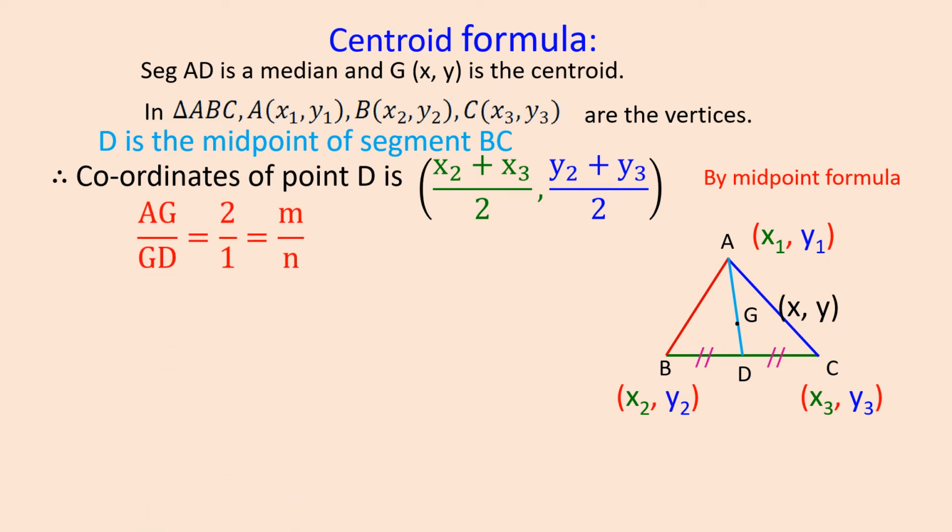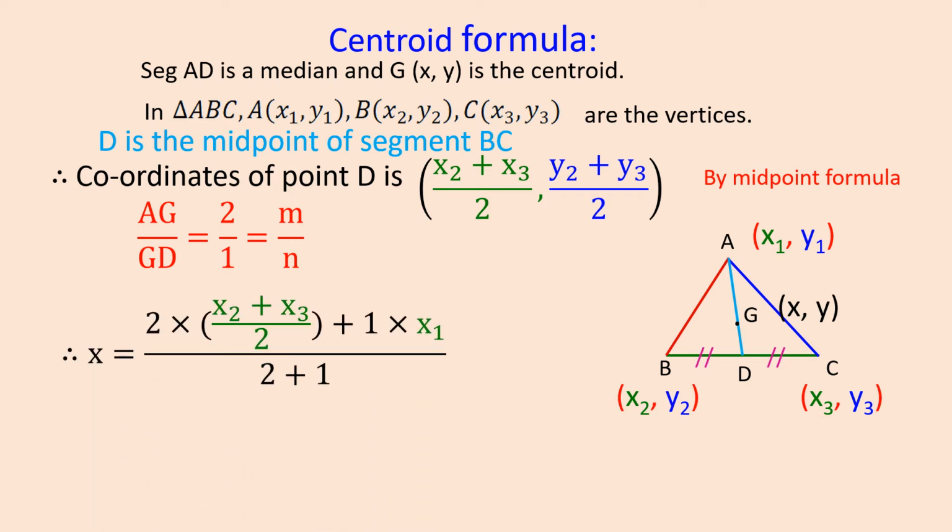Also G is the centroid, which divides the median in the ratio 2 is to 1. So AG upon GD equals 2 upon 1, or m upon n.